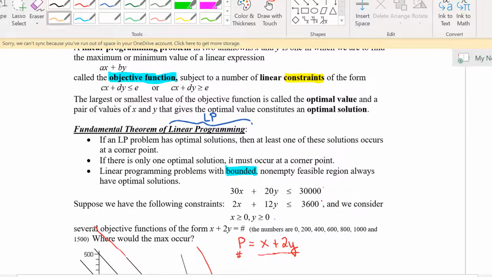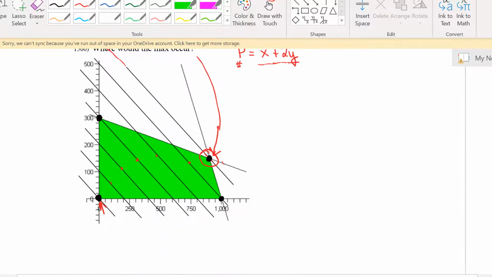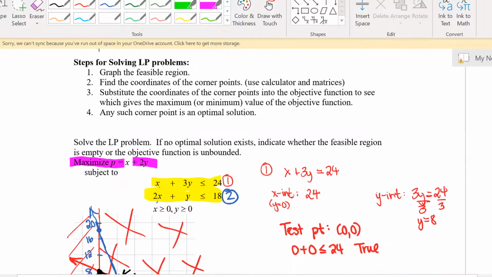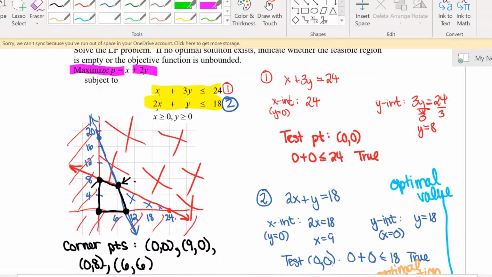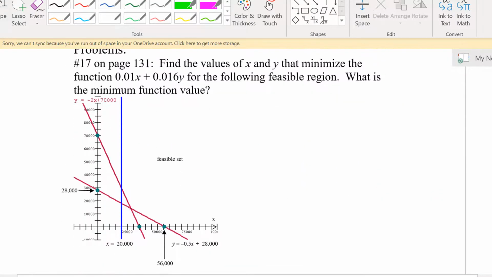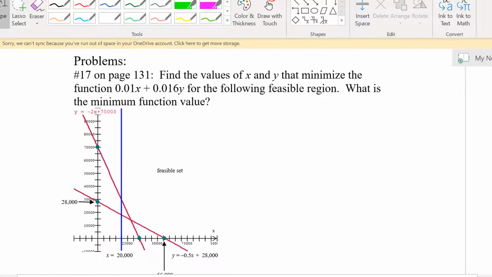And then just look back on page 1. The largest or smallest value of the objective function is called the optimal value. So 6, 6 is the optimal solution. 18 is the optimal value. Okay, that's that one. Let's look at the next one.